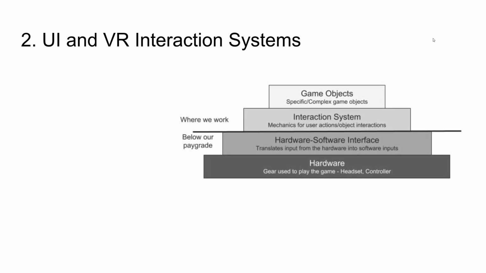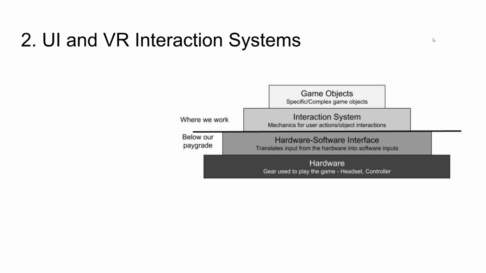Generally, the idea for an interaction system in UI is to build up from the hardware. You need hardware to do anything with VR, but once you have that, you need to somehow get input and interaction from the hardware and turn that into some sort of user experience.